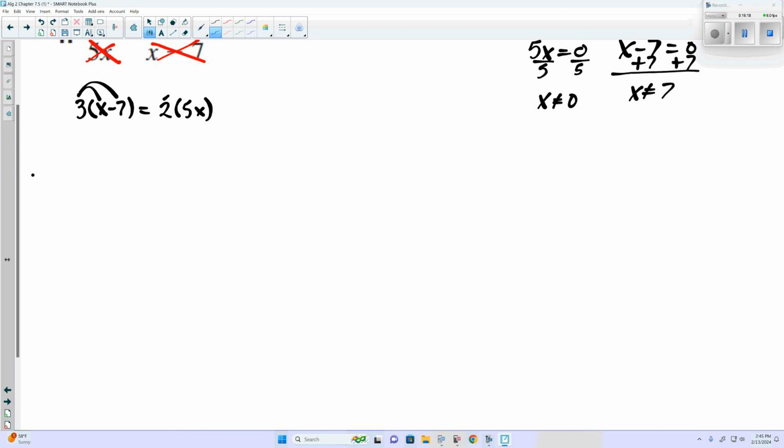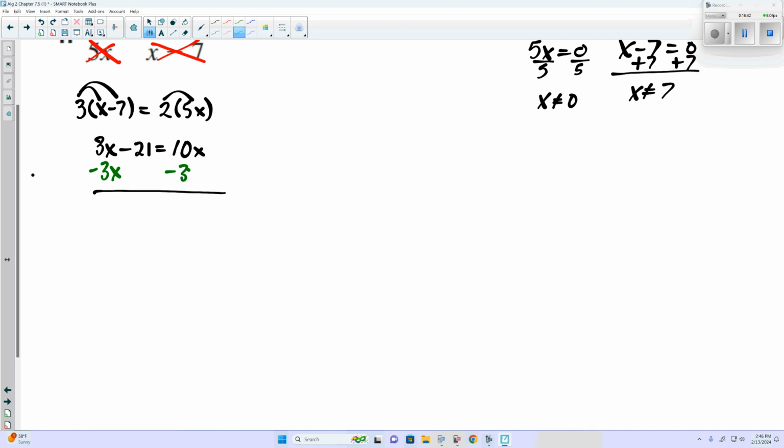At this point here, we need to multiply through. 3 times x is 3x. And 3 times negative 7 is negative 21. And 2 times 5x is 10x. Yes, at this point we can.